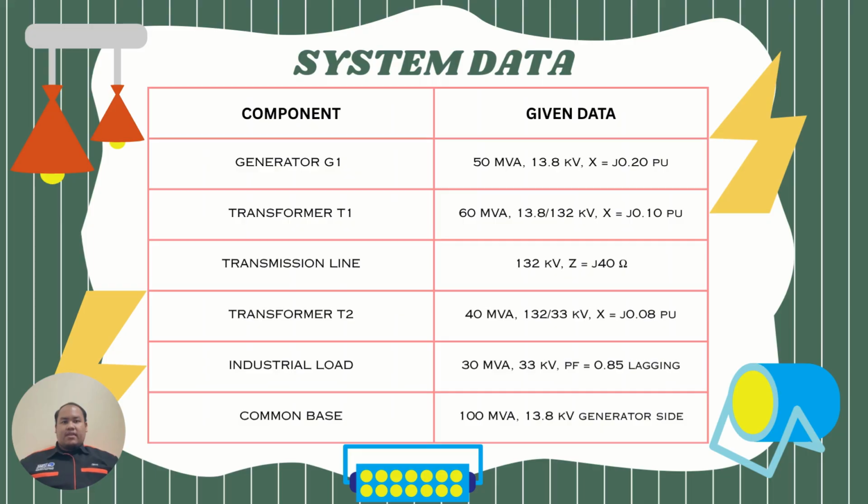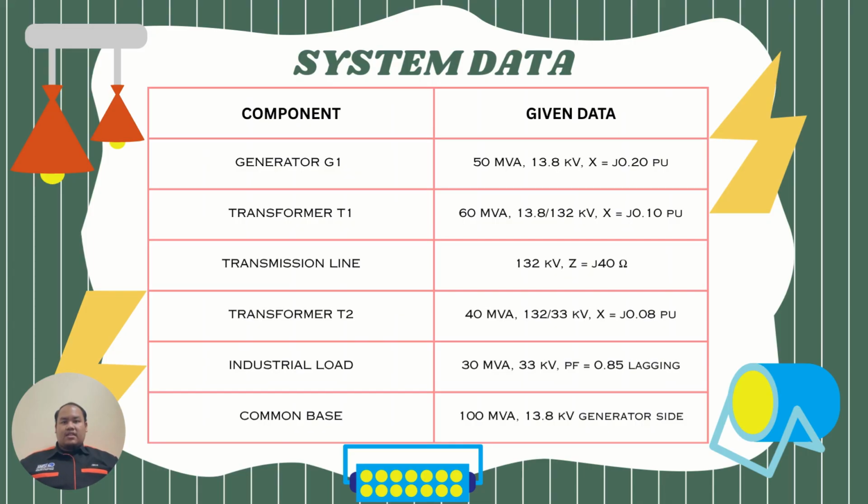Next, transformer T2 is rated at 40 MVA and steps down the voltage from 132 kV to 33 kV, with a reactance of j0.08 per unit. Finally, the industrial load is rated at 30 MVA and 33 kV, with a lagging power factor of 0.85.